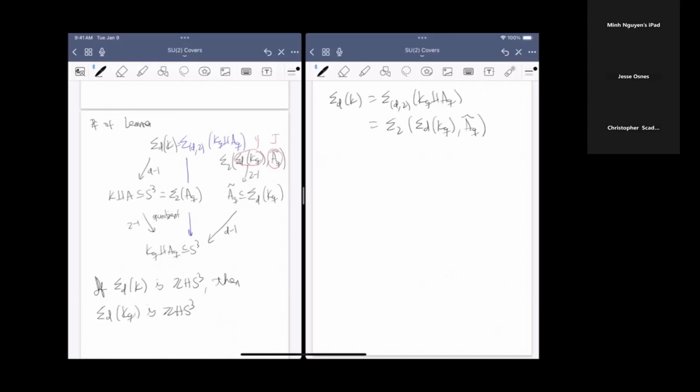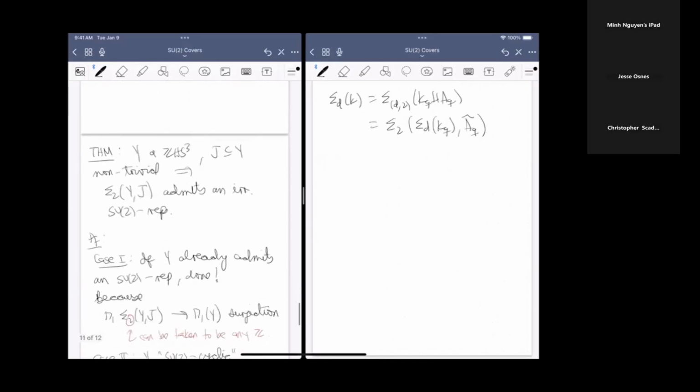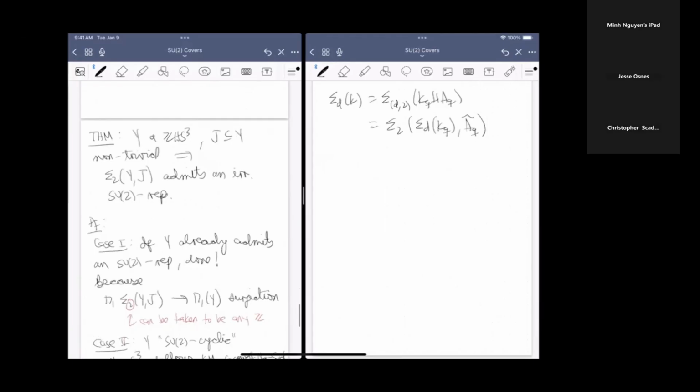This is in the end all I am saying. And so in fact, a little bit more is true in terms of existence of SU2 representations: if you notice, I'm already saying that if I have a 2-component link in which one of the degrees is 2, then I'm going to have an SU2 representation.